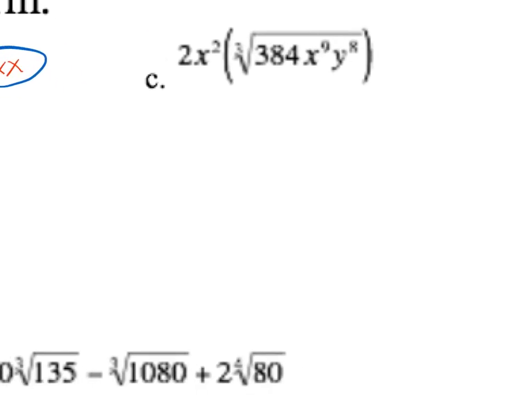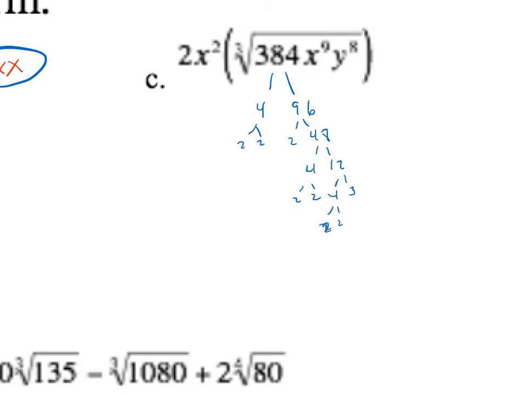This one is similar. You just break this down. So 4 and 96, 2 and 48, that's a 2.